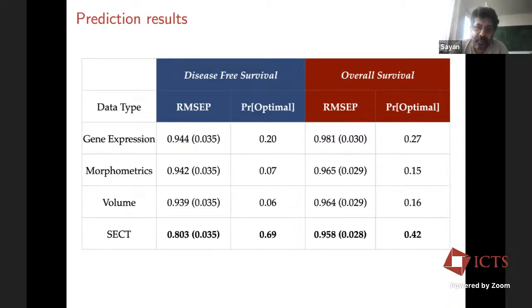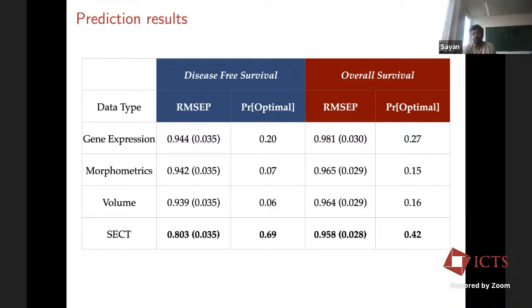And on the left, what you're seeing is disease-free survival. And I'm showing you the root mean square error and its standard error. And on the right, what I'm showing you is the percent of times that modality gave us the best results.